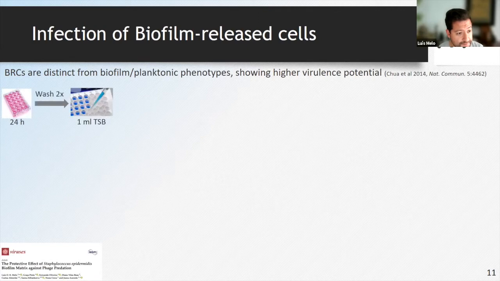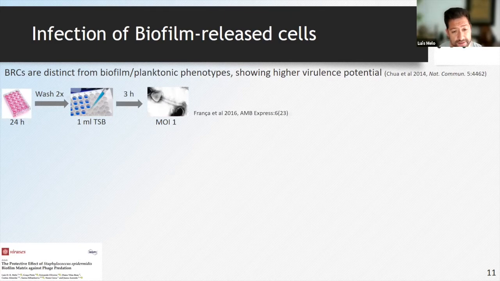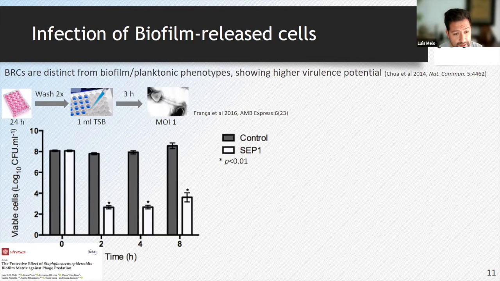So we formed the biofilms, we washed them 2 times, we added fresh media, incubated for 3 hours, and then the cells that are on the planktonic phase, we infected them with the phage. And we showed that the phage can control very efficiently biofilm released cells.